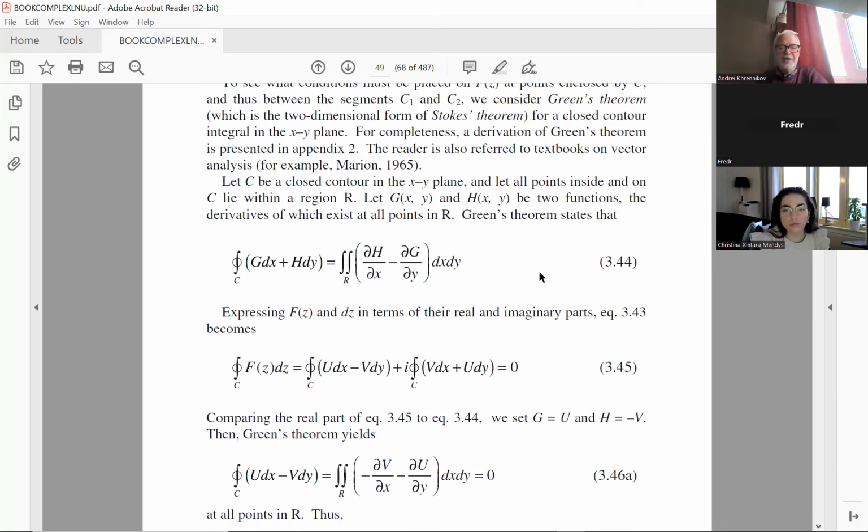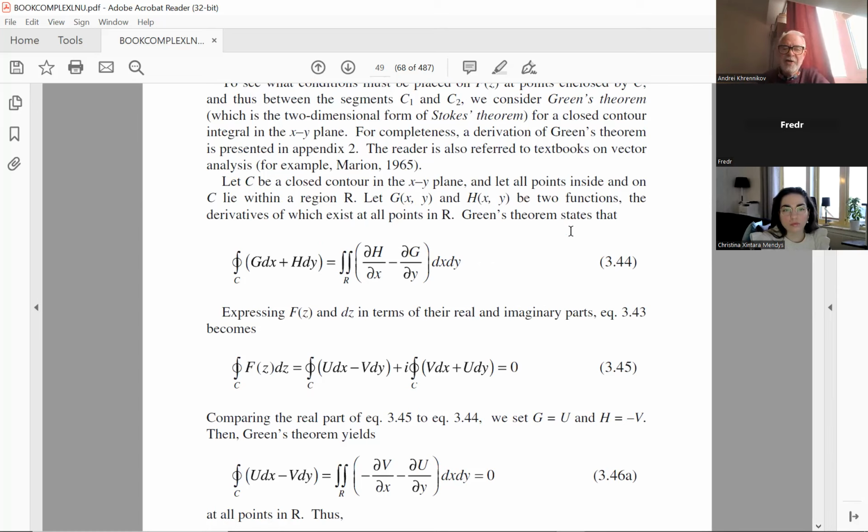So the Green formula gives the possibility to represent an integral over a curve as an integral over a region, or the other way around, maybe more interesting for physicists.